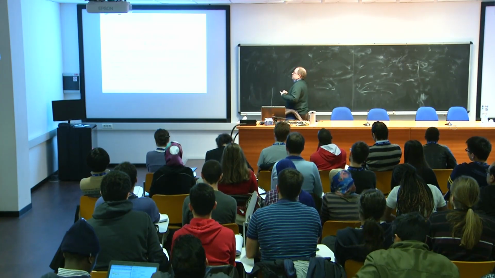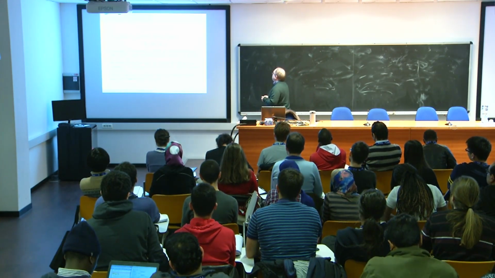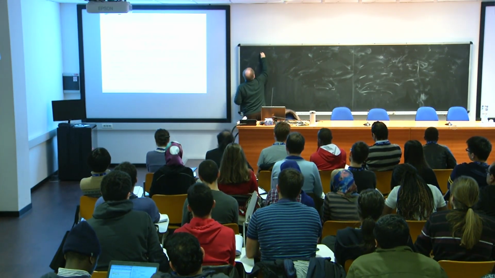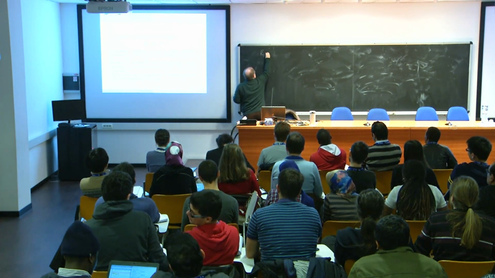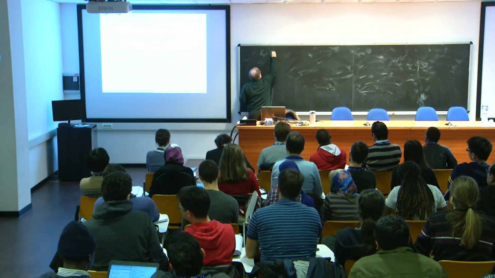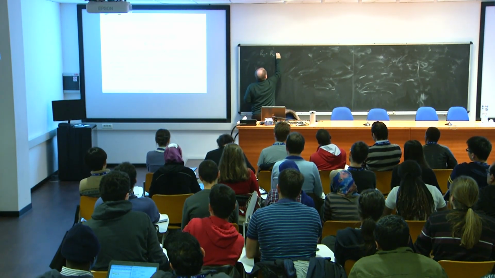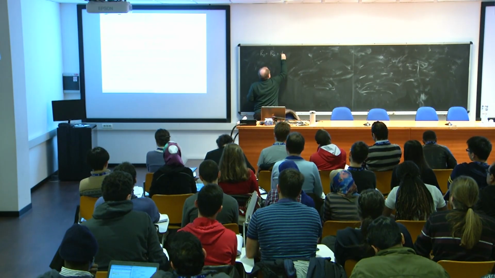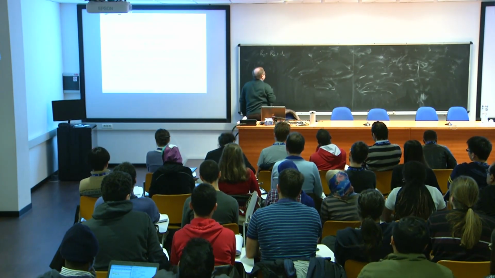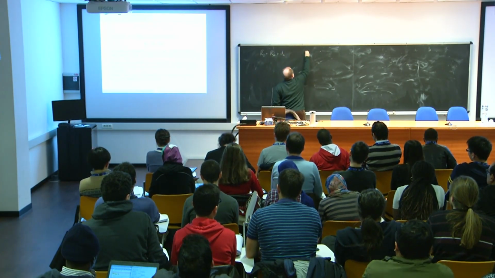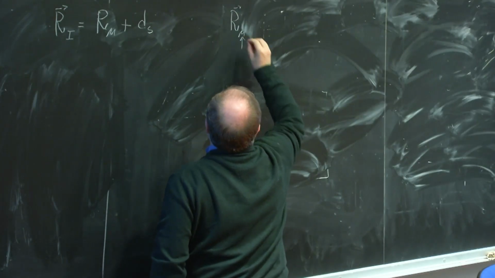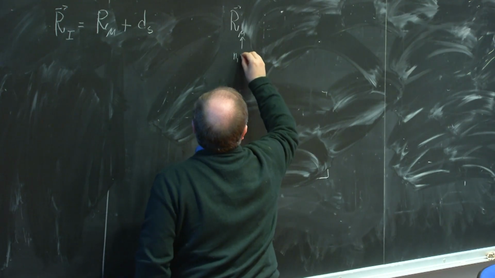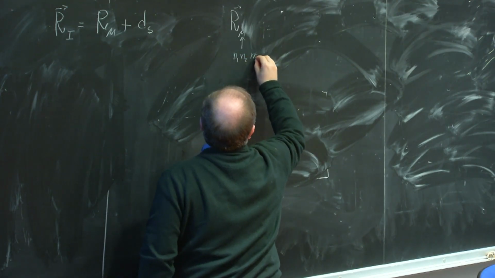So we assume that we have a solid where the atomic positions are given by a Bravais lattice vector that I call R mu, plus the position of the atom inside the unit cell. R mu, as you know, is a Bravais lattice vector, and this means that the index mu is three integers, n1, n2, and n3.